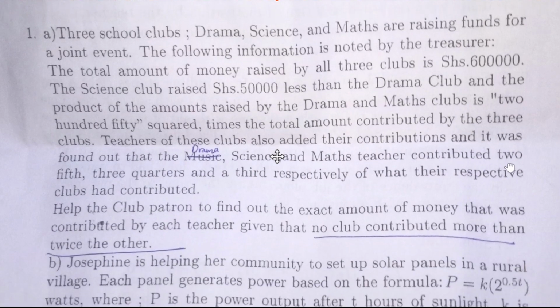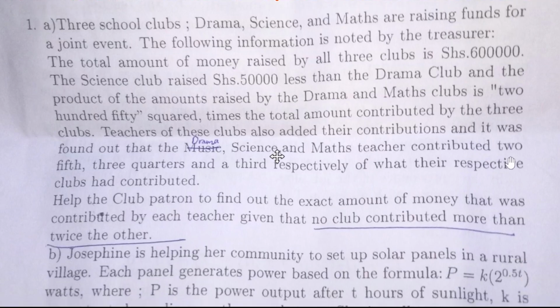It says three school clubs, drama, science, and maths, are raising funds for a joint event. The following information is noted by the treasurer: the total amount of money raised by all three clubs is 600,000 shillings.